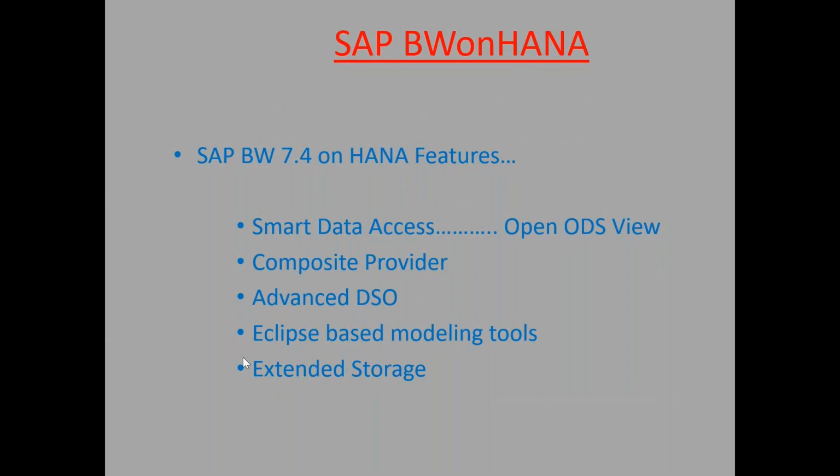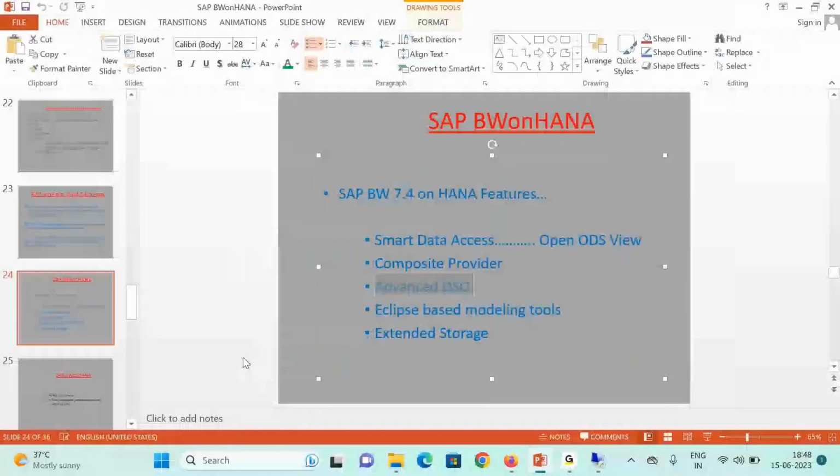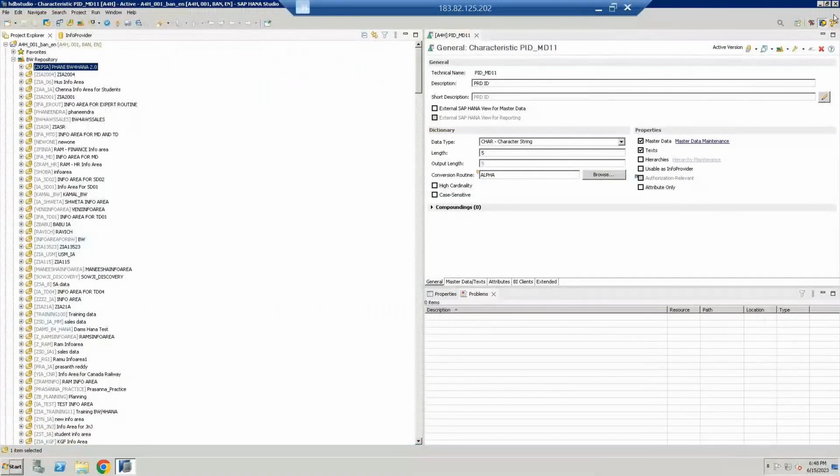HANA Studio is just a plugin in Eclipse, which is mainly used for creation of all the BW objects. The Eclipse version gives you the ability to have all the properties of the BW objects.